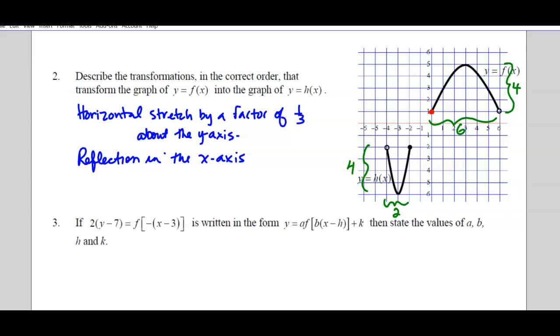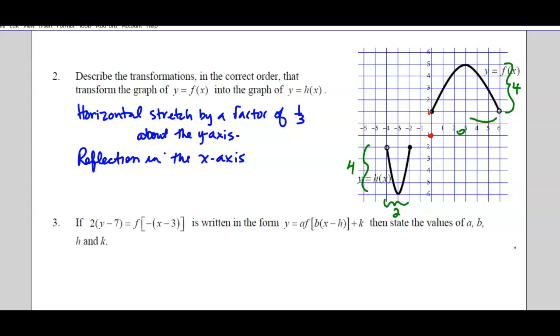We'll just do this first and then see what we end up getting. There's also translations, so we'll see. So, stretch this by a factor of 1/3 horizontally, it doesn't change it. Then I'm going to reflect in the x-axis, so that's going to go down here.